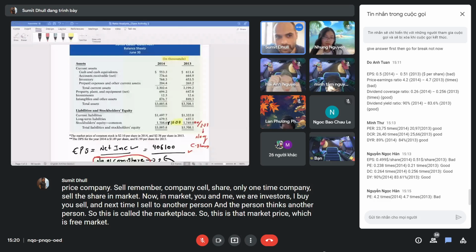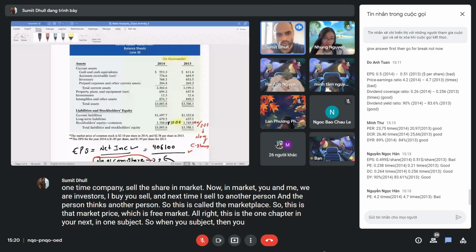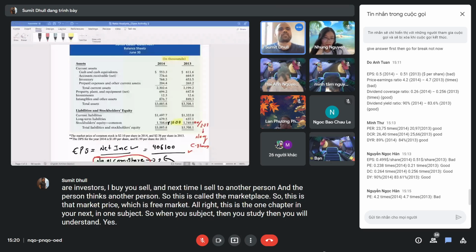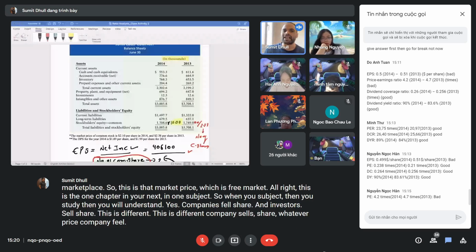All right. So again, this is one chapter in one subject in your next semester. When you go to that subject and study, you will understand that companies sell shares and investors sell shares. This is different. The company sells shares at whatever price the company feels, depending upon the demand for stocks in the market.